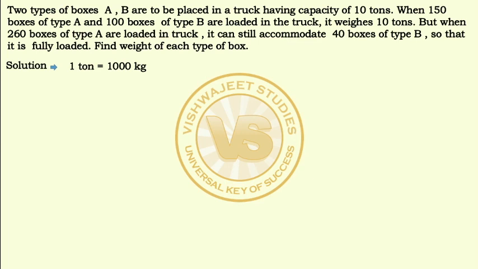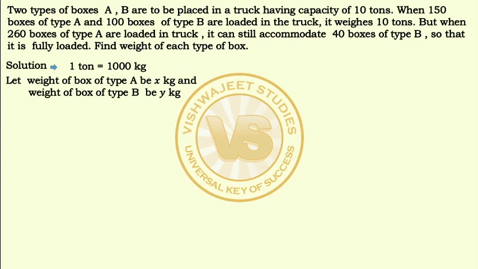Solution: 1 ton is equal to 1000 kilogram. Let the weight of a box of type A be x kg and the weight of a box of type B be y kg. Our first condition is when 150 boxes of type A and 100 boxes of type B are loaded in the truck, it weighs 10 tons.